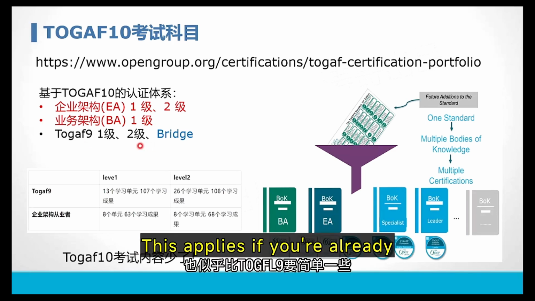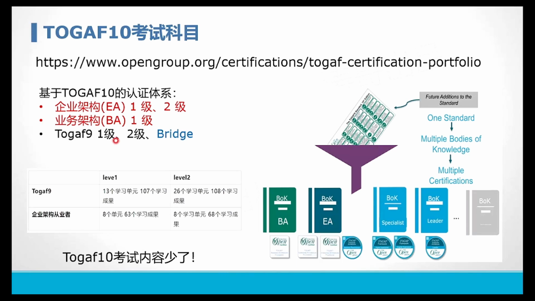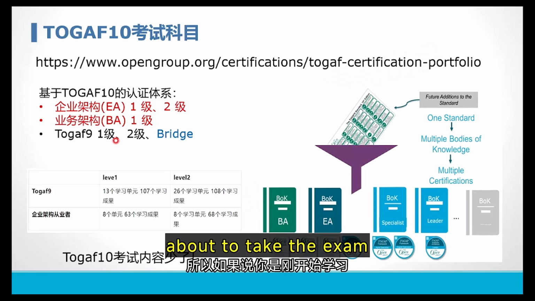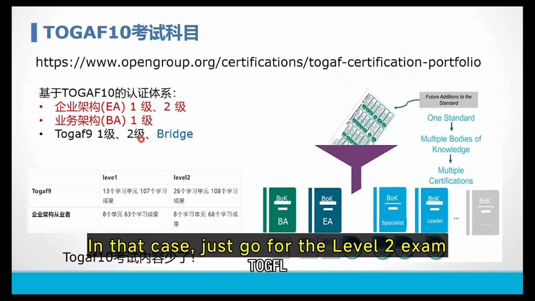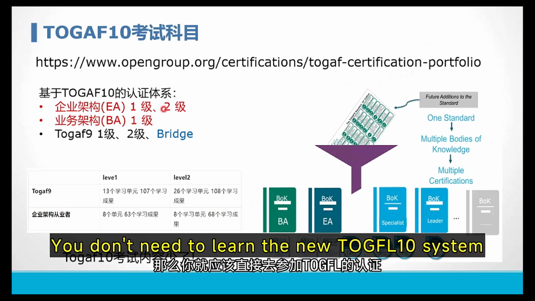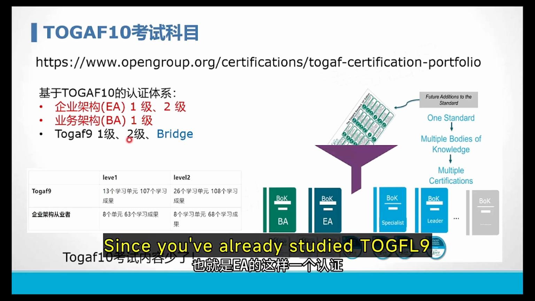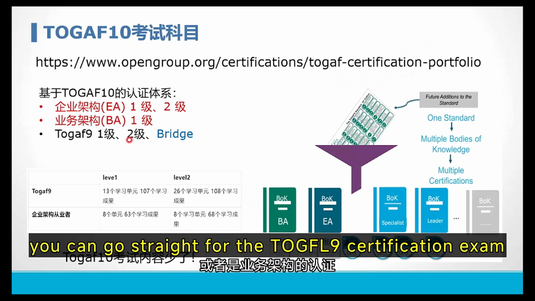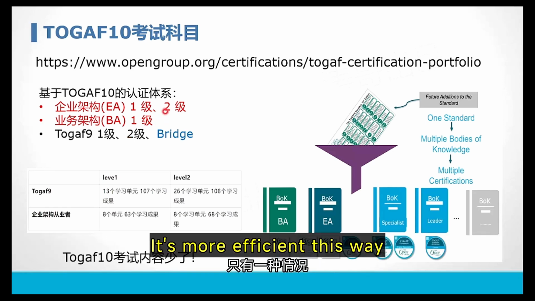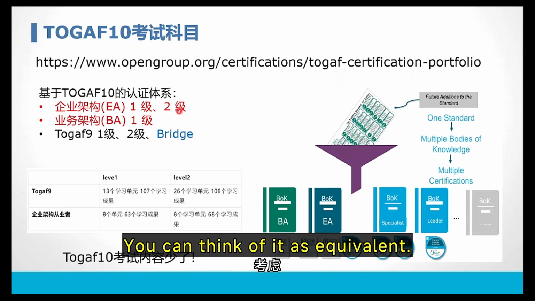This applies if you're already about to take the exam. In that case, just go for the Level 2 exam. You don't need to learn the new TOGAF10 system. Since you already studied TOGAF9, you can go straight for the TOGAF9 certification exam. It's more efficient this way. You can think of it as equivalent.